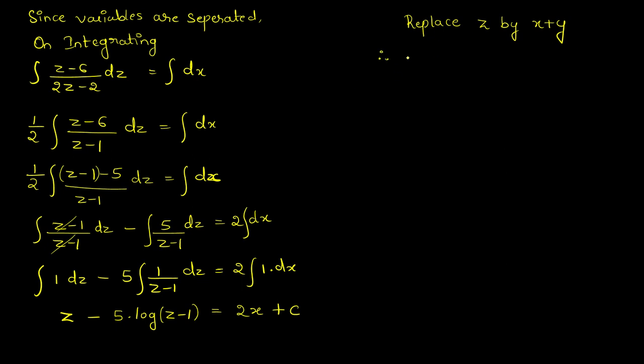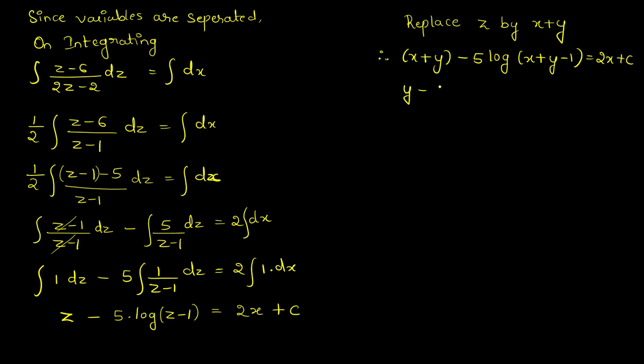Therefore what do we get here? z changes to x plus y, minus 5 log of (x plus y minus 1), that's equal to 2x plus c. Now it is in simplified form, but let's simplify this still more. Inside the log nothing can be done, but outside we have two terms in x and y, so we shall make it a single term.